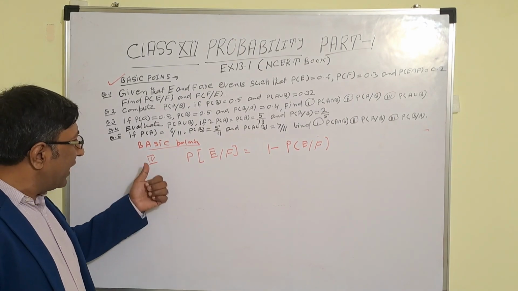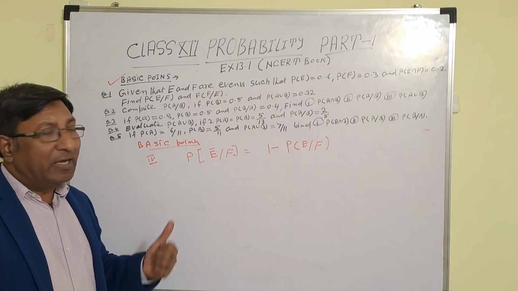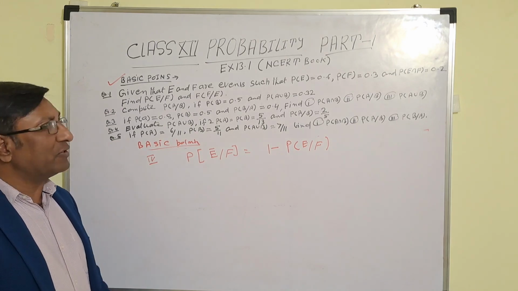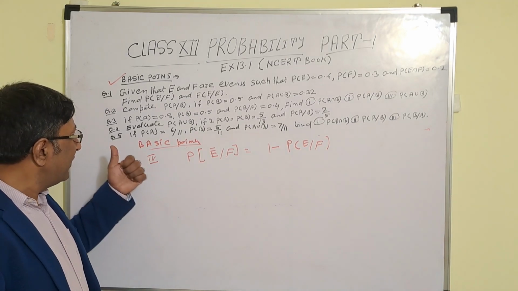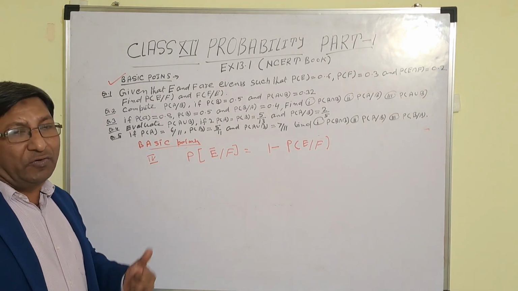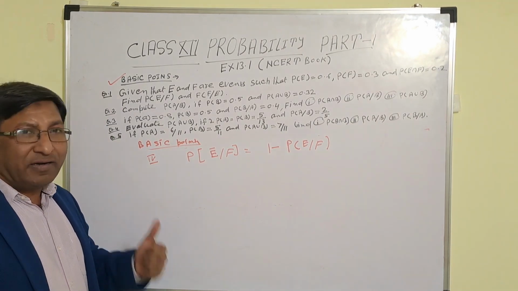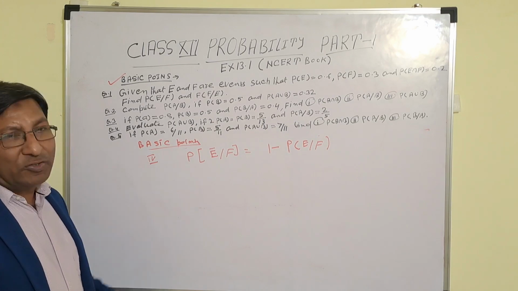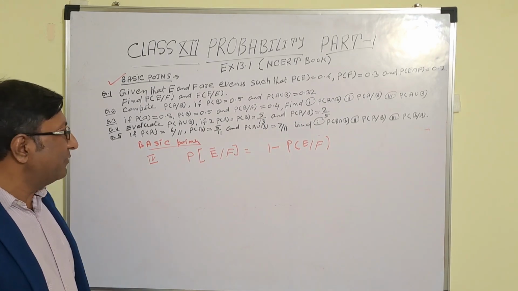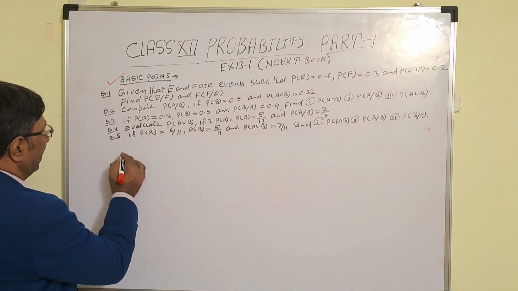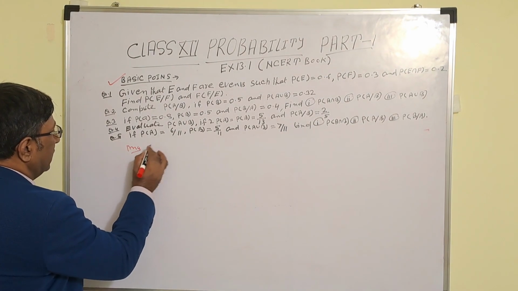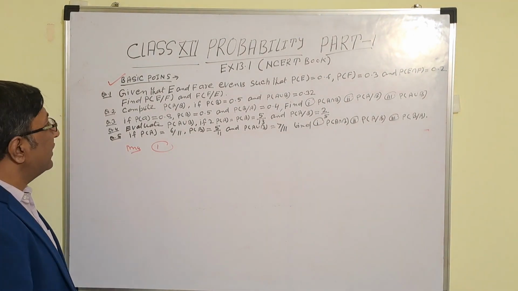So only with the help of these 4 formulas, we can solve every question of exercise 13.1. Here we have written 5 questions, 1 to 5 of exercise 13.1. So we will solve these questions in a very easy way. So now, answer 1. What is the question?